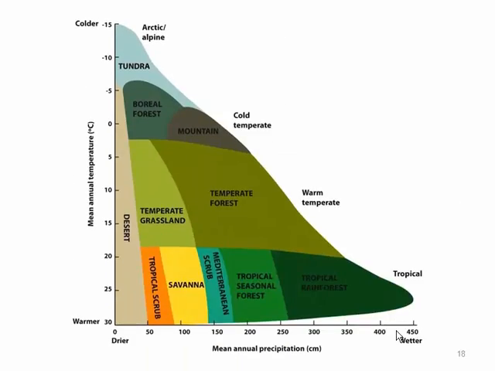So typically you'll see a diagram of something like this, which shows temperature on the y-axis, the vertical axis, ranging from cold above to warmer below. And then on the horizontal or x-axis, you'll be going from drier to the left, typically, and wetter to the right.